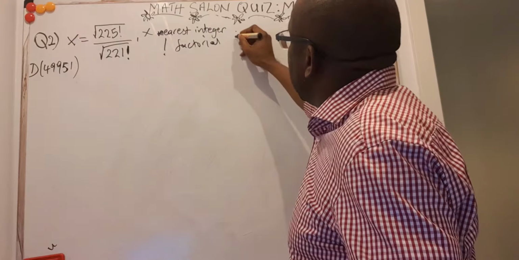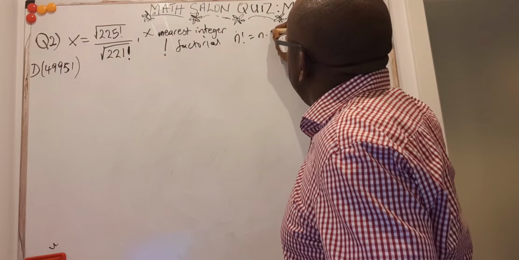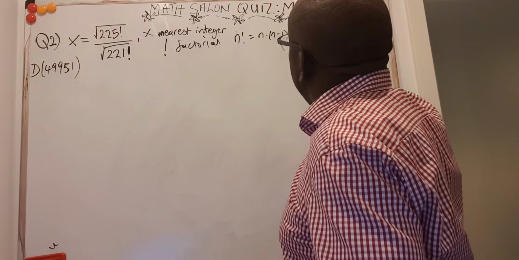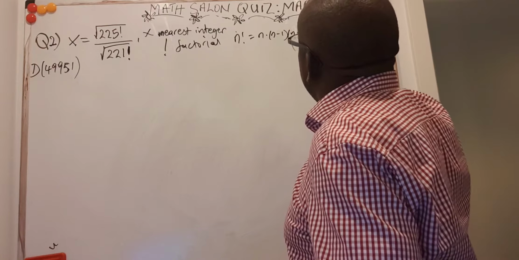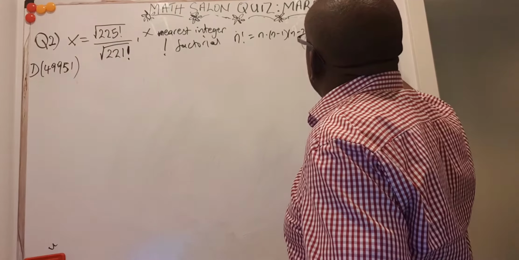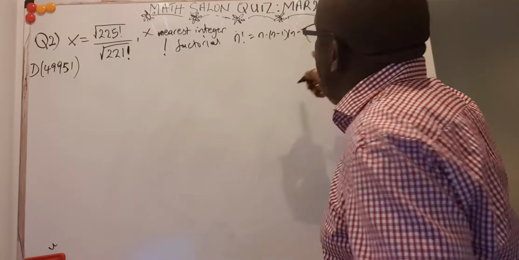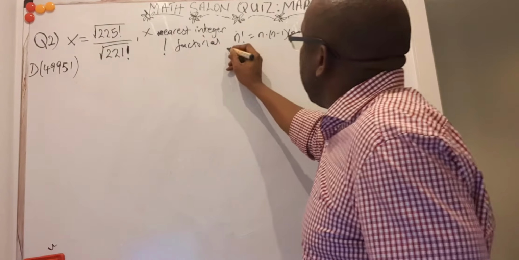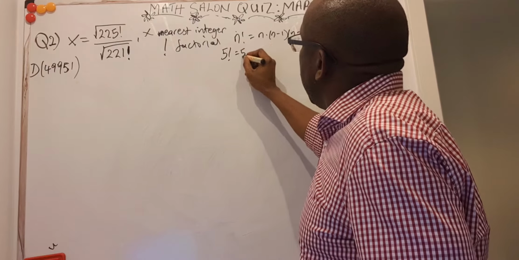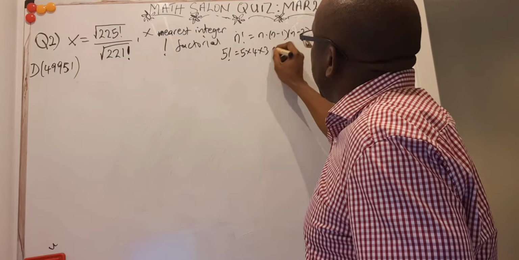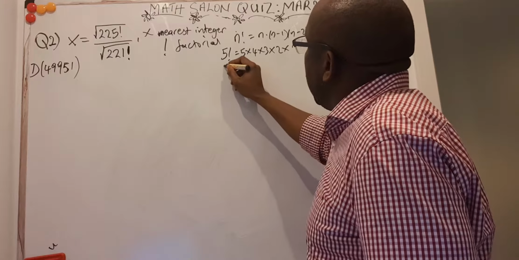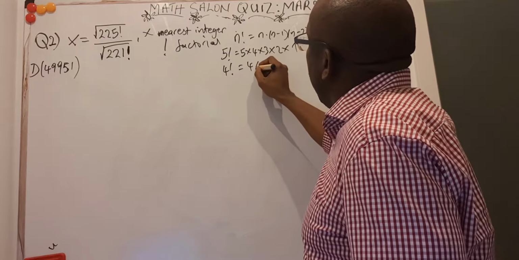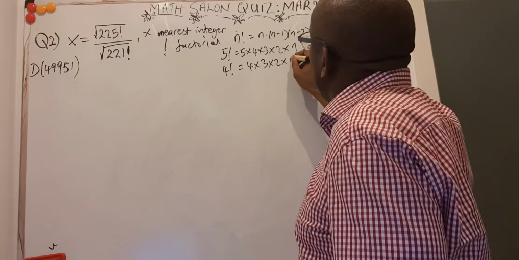And we're told, for example, n factorial means n times n minus 1, n minus 2, n minus 3, 3, 2, 1. That means if I had 5 factorial, that means 5 times 4 times 3 times 2 times 1. 4 factorial would be 4 times 3 times 2 times 1.